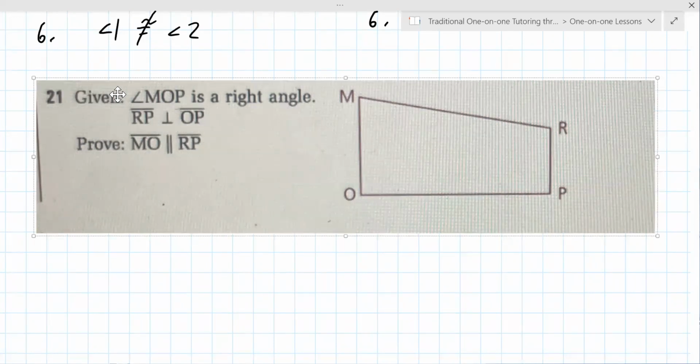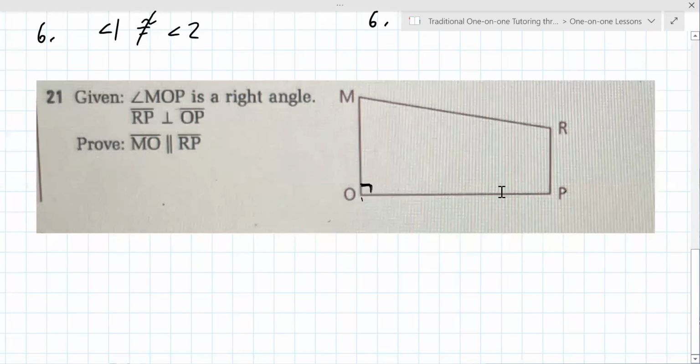Okay. So this one should go a little better. It says that angle MOP is a right angle. So that's a right angle, and we're going to note that here shortly. I like to draw some things in the figure before I go. And then RP is perpendicular to OP.